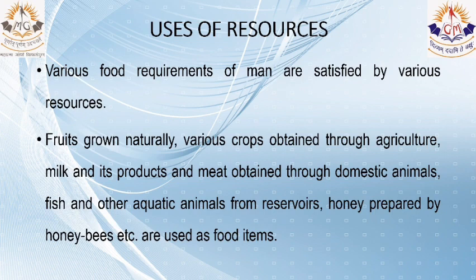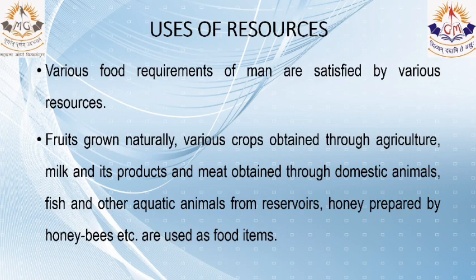So just as our food requirement is satisfied by the plants, trees that we grow in the farm and field, or they are growing naturally to satisfy the food requirements of men, same way using the animals we satisfy the need of milk products and meat obtained through the domestic animals.